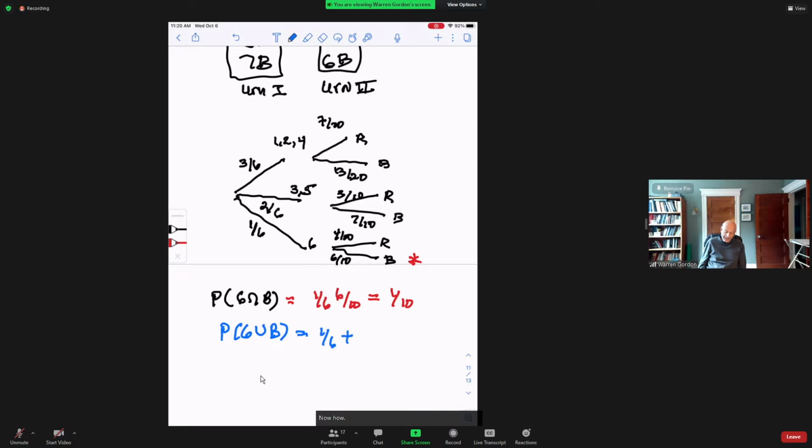Now, how else can this happen? Well, I've just shown one way it can happen is if I get right here, and I don't have to go any further. The other way it can happen is if I get here or here. So let's write that.